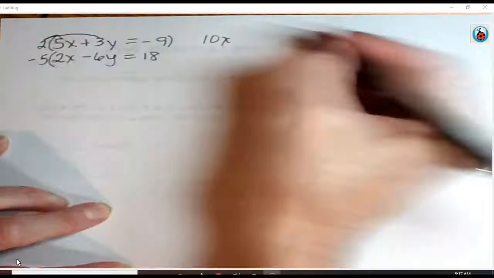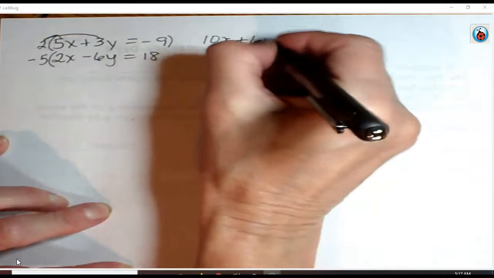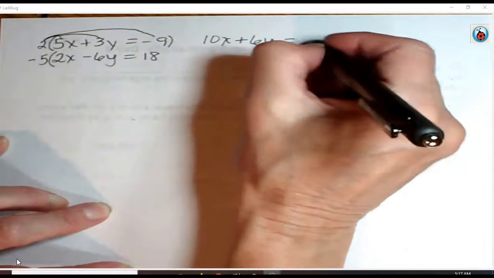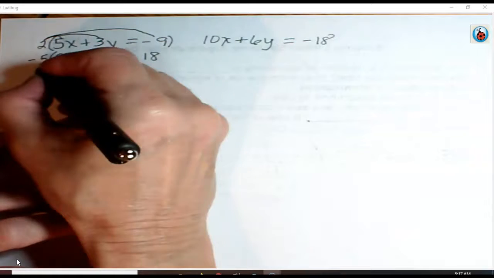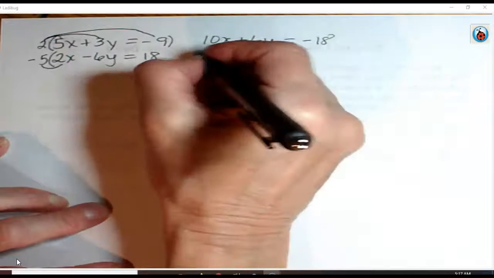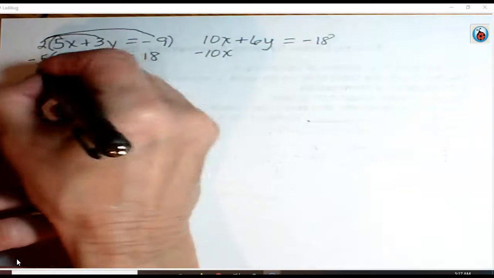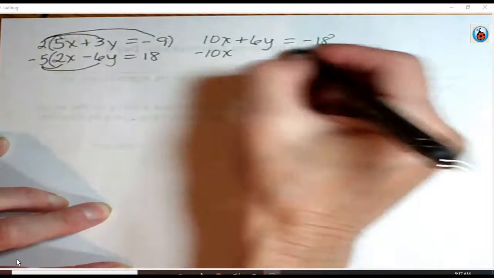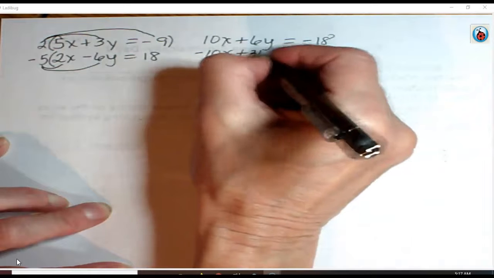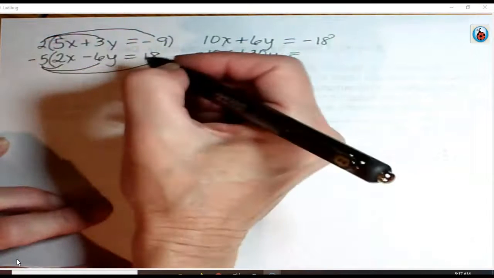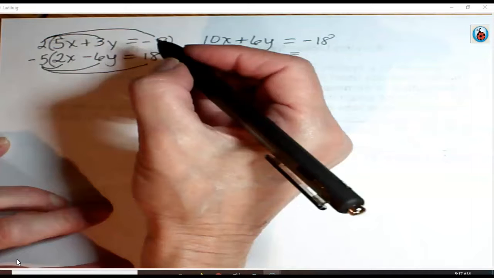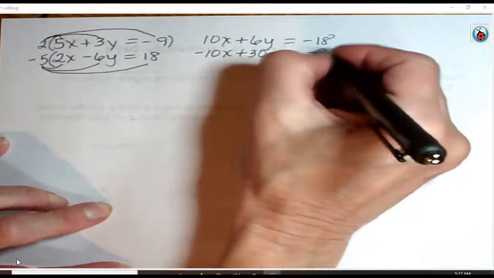2 times 3y is 6y. And 2 times negative 9 is negative 18. Okay, I'm going to multiply this one. Negative 5 times 2x is negative 10x. Negative 5 times a negative 6 is a positive 30y. And then negative 5 times 18 is a negative 90.